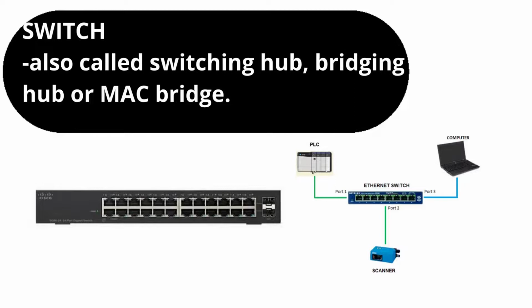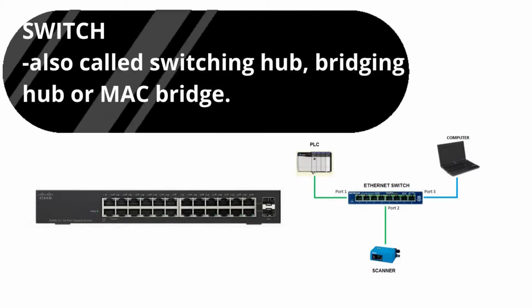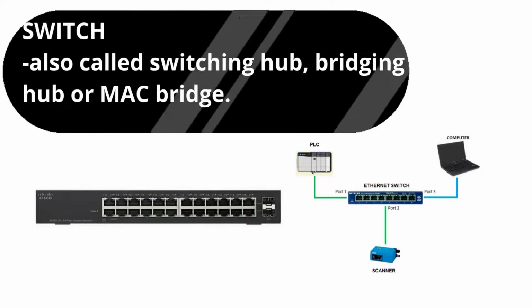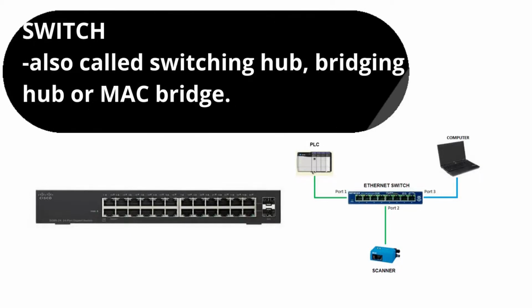So let's have the second one, the switch. Switches are also called switching hub, bridging hub, or MAC bridge. Similar to the hub, it also has multiple ports and stores physical addresses called MAC addresses.